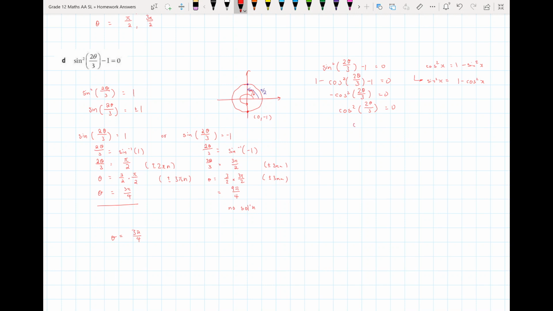And if you square root it, notice that this will be plus minus 0, which is still 0, right? So let's just write one extra step. Then if I undo cosine, when is cosine 0? When it's pi by 2, right?